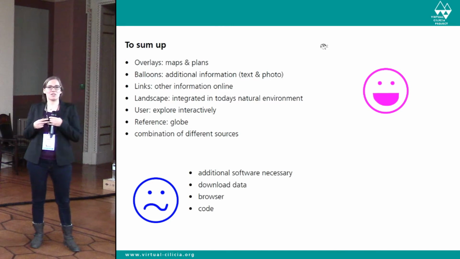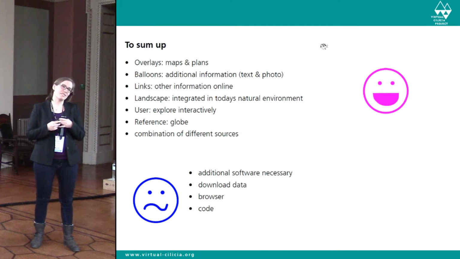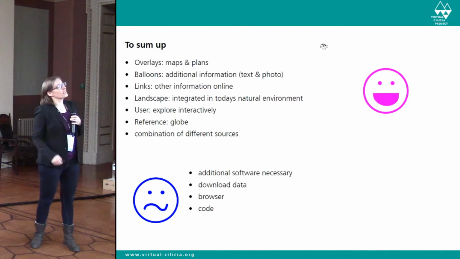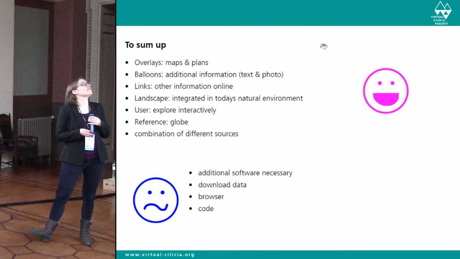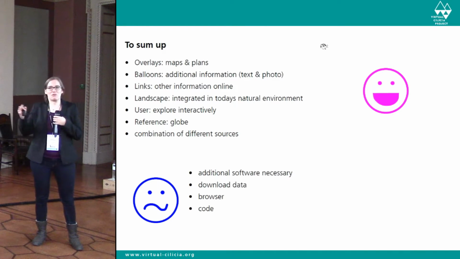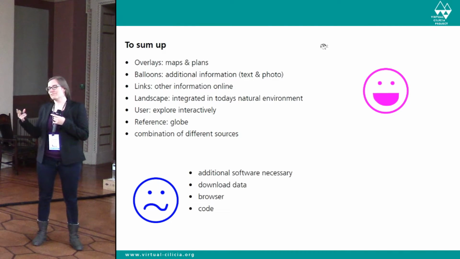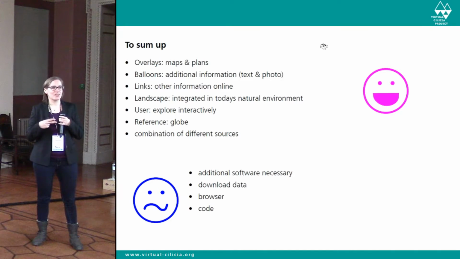And as I mentioned before, all that is integrated in the 3D landscape, and the user can explore the region or a site interactively on his own. But the reference is always a globe, so it makes more sense for projects with a larger scale than only for one site.